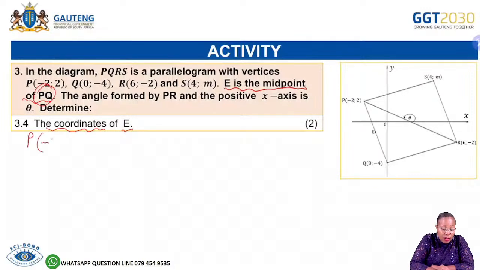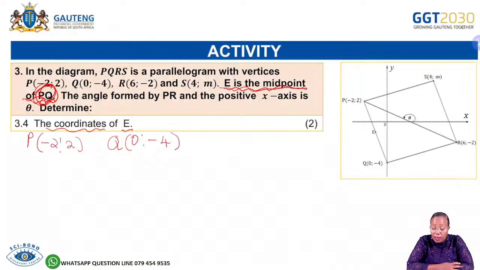which is -2 and 2. From the statement there, E is the midpoint of PQ. That is why we are taking the coordinates of P and Q. And then Q will be 0 and -4. Okay, and if you look at E there, E is the middle point of that, right?